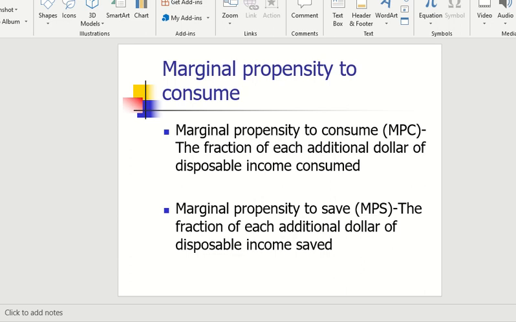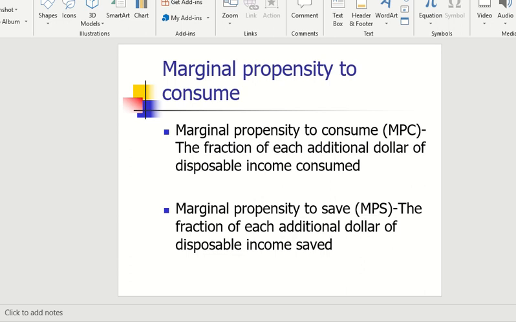So let's introduce ourselves to marginal propensity to consume. Marginal propensity to consume is the fraction of each additional dollar of disposable income consumed. Marginal propensity to save, shorthanded as MPS, is the fraction of each additional dollar of disposable income saved.